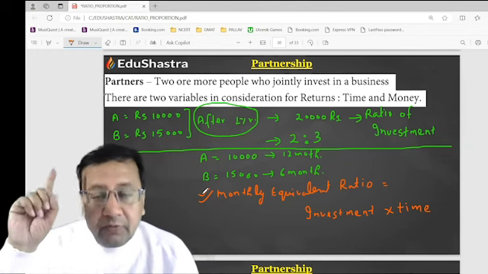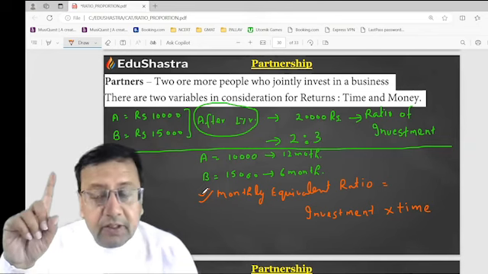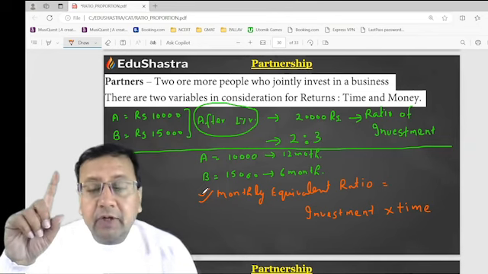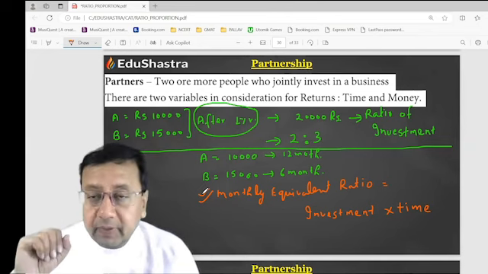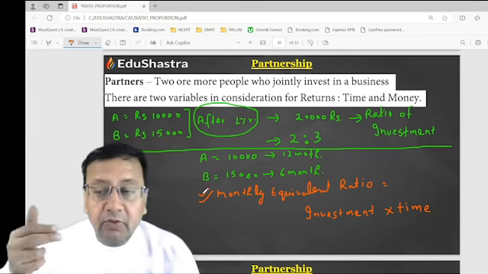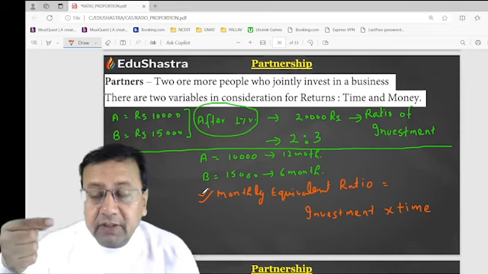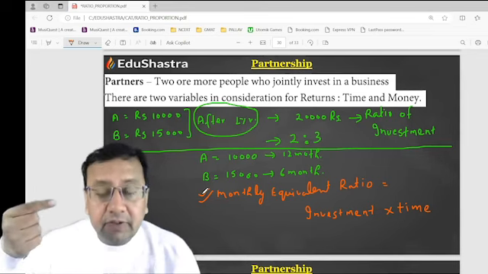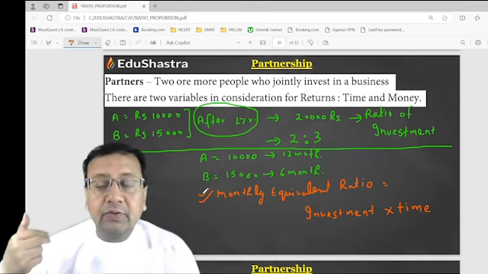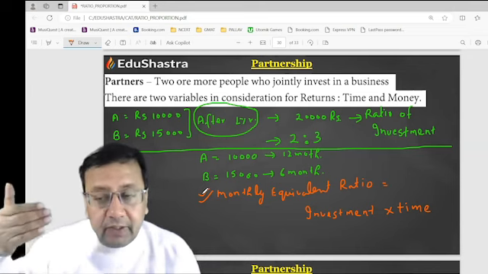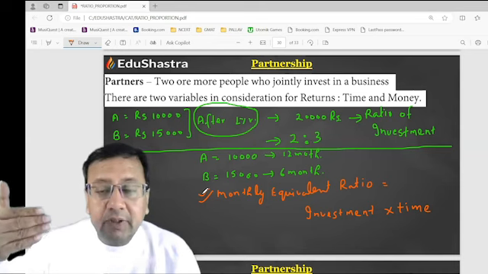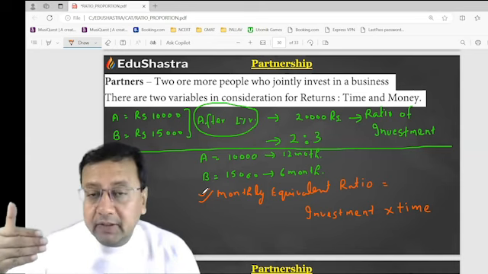So first 1,000 is invested for how many? 12 months. So you will get a profit over this for 12 months. Then second 1,000 is invested for 11 months. Third 1,000 is invested for 10 months, and so on, right? So for every 1,000, the time duration is decreasing by 1 month.